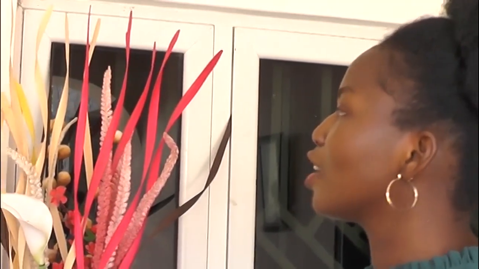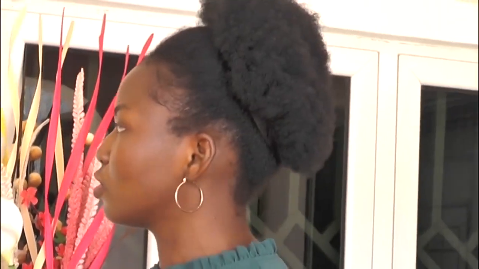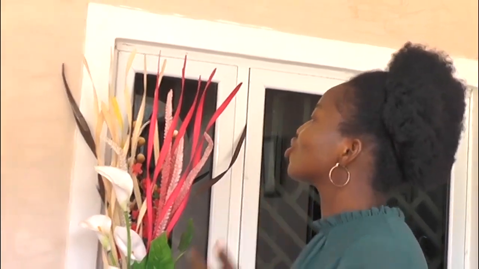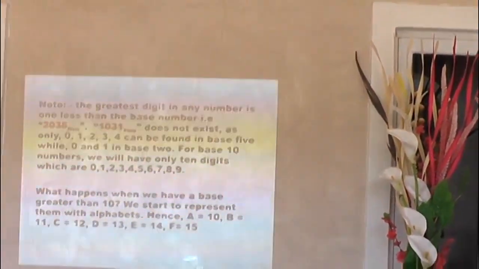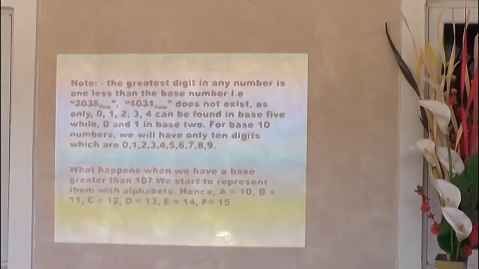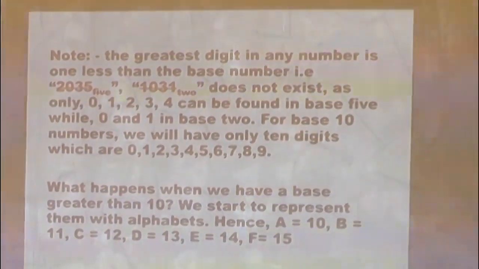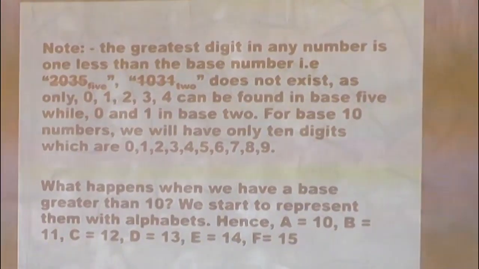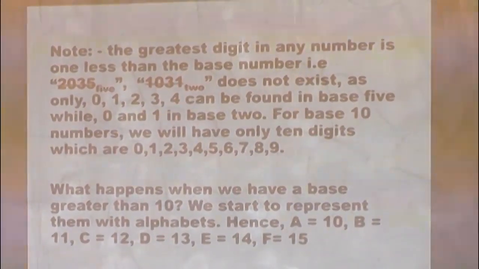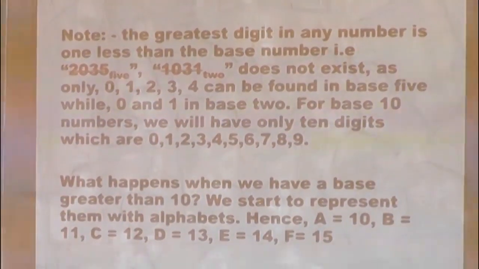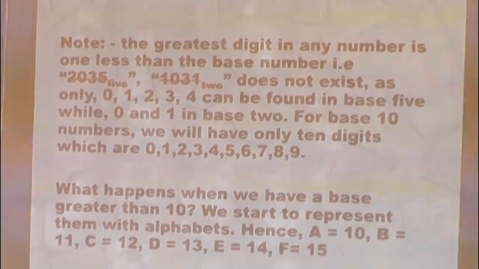Okay? So now we are, before we go to conversion, we have to take note of this, that the greatest digit in any number is 1 less than the base number. Now what we are saying is, if I say I have a base 5 number, a base 5 number can only contain 5 digits, and that 5 digits you start counting from 0.